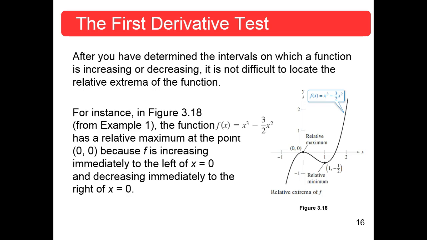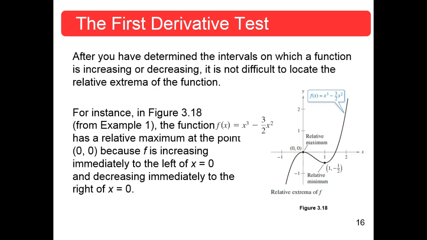For instance, in this one, remember this one? We had that at the very beginning. The first thing we looked at has a relative maximum at 0, 0, not an absolute maximum. Look over here, way past that. Relative minimum here, not an absolute minimum, way less than that down here. Relative extrema at those 2 points.